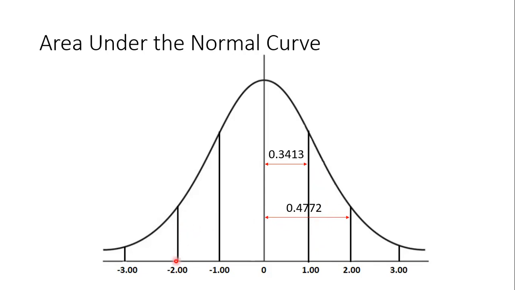So nagkataon lang na negative ito kasi nasa left side. And then we also have 0.4987, the area from 0 to the mark 3. And this is also the same as the area from 0 to negative 3.00, 0.4987. So here are the areas.